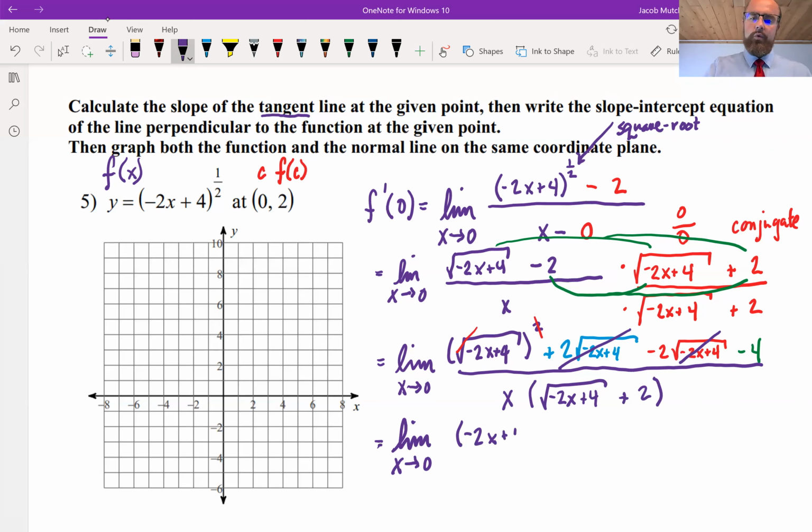Notice the square and the square root have vanished. -4 over x times the square root of -2x plus 4 plus 2. I was reading the numerator there, plus 2, and that's in parentheses.